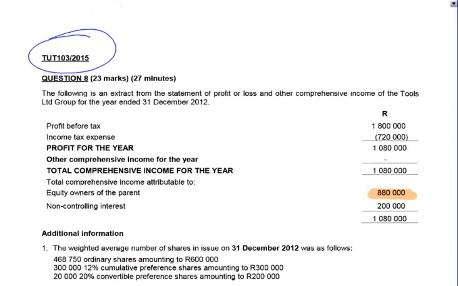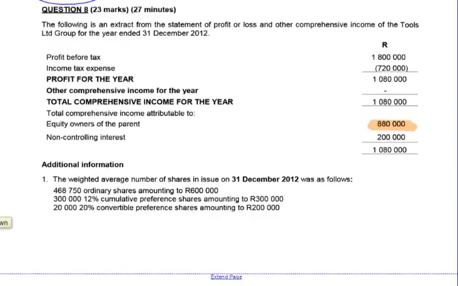And then we are told over here that the entity has 12% cumulative prefs and 20% convertible prefs. So convertible prefs are a separate class of equity share.